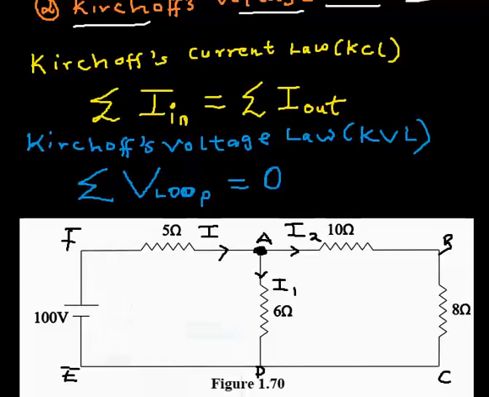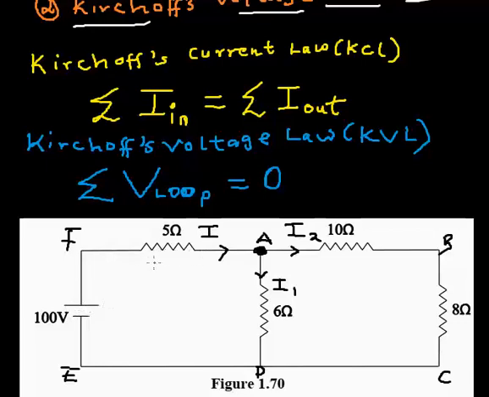Now this is just through a battery. So for my source, if I'm moving from negative to positive, the voltage will be positive, because that's a voltage rise.